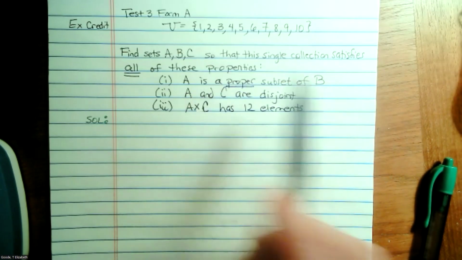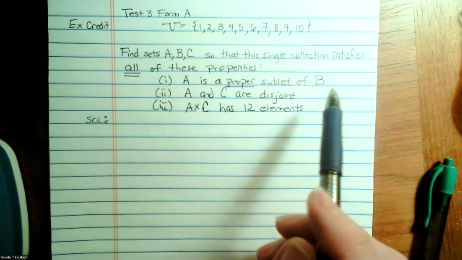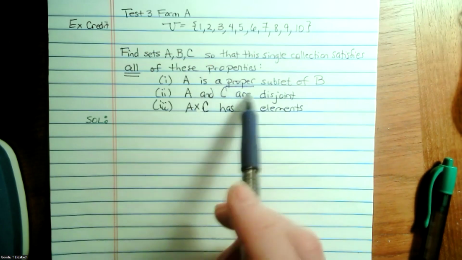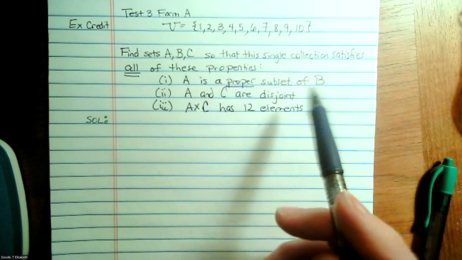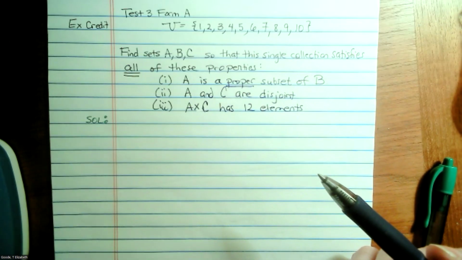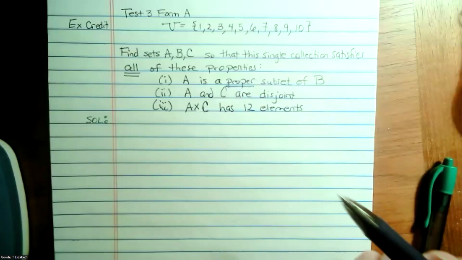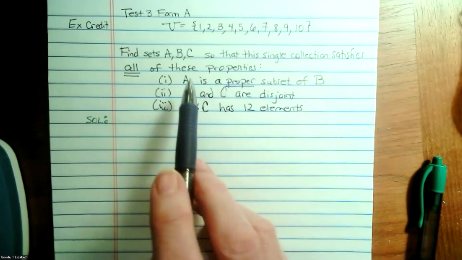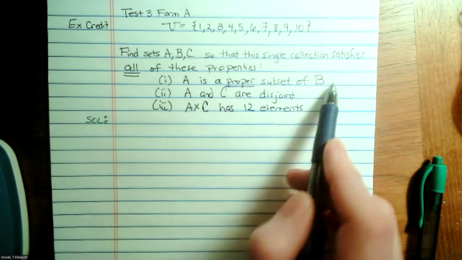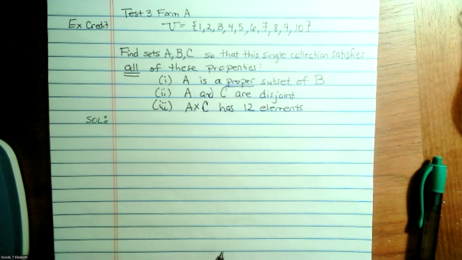Yeah, because A is a subset of A, but A can't be a proper subset of A. A set A is always a subset of itself, but it can't be a proper subset of itself because it can't have something it doesn't have. So that forced A and B to actually be two different sets.